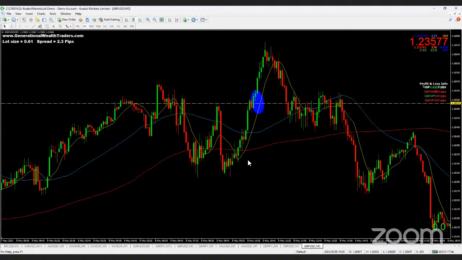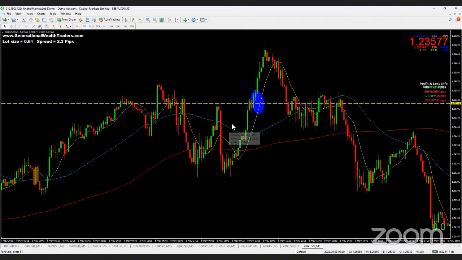But for safety's sake, if you want to enter a break above the 50, which is what I would always say, whenever you're entering a trade, if they say you should choose one between the 200, the 10, and the 50, go for the 50, because the 200 is for long term, the 50 is for medium term, the 10 is for short term.